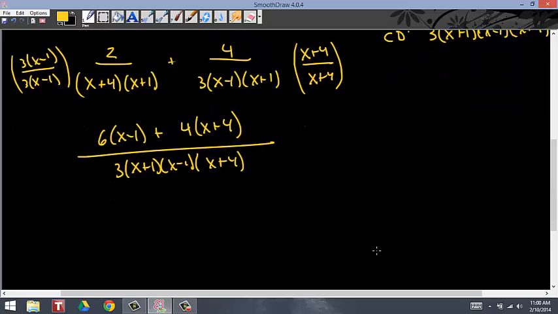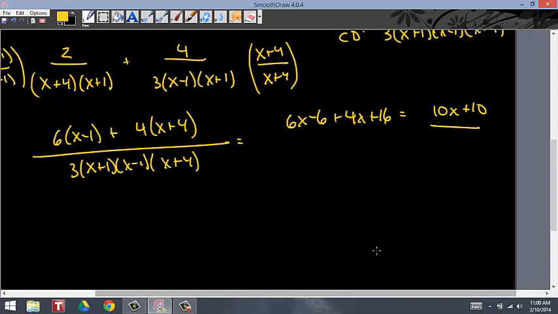All right, so now I'm going to keep moving with this. This is 6x minus 6 plus 4x plus 16, which equals 10x plus 10 over 3 times x plus 1 times x minus 1 times x plus 4.